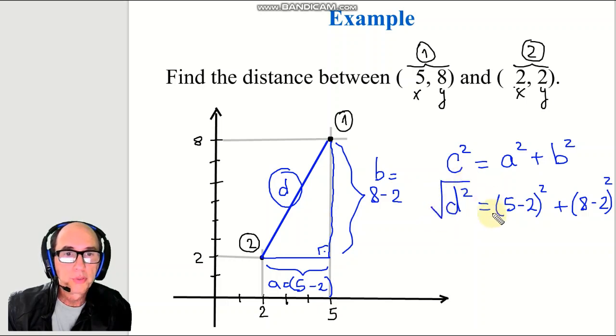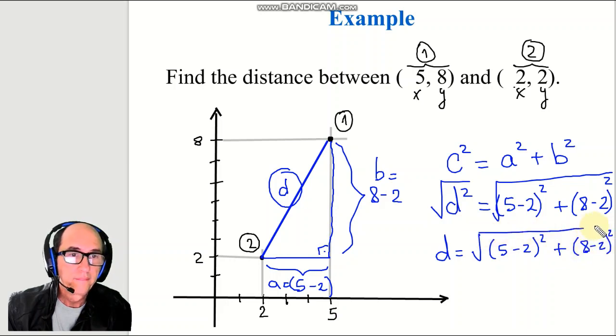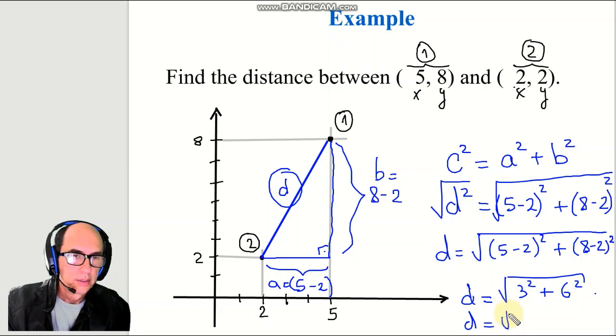Apply the square root on both sides, and then you have distance equals square root of (5 minus 2) squared plus (8 minus 2) squared. Distance equals square root of 3 squared plus 6 squared. And distance equals square root of 9 plus 36. That's square root of 45.